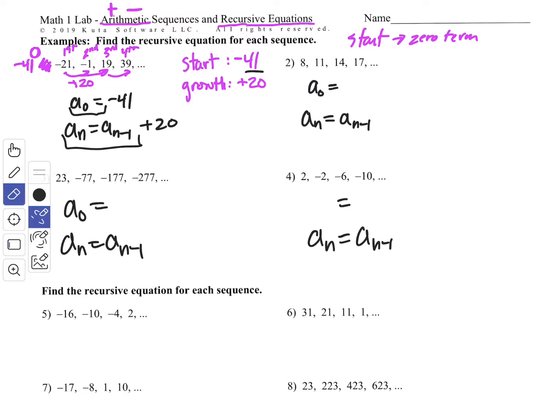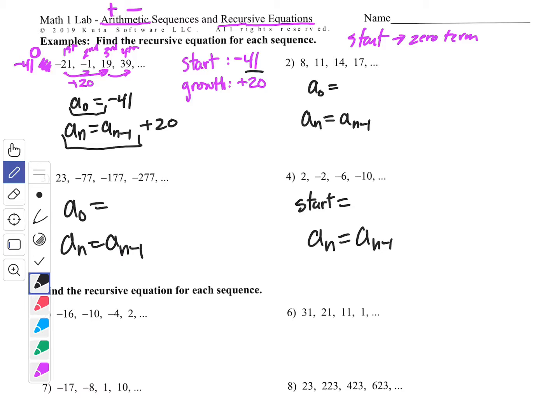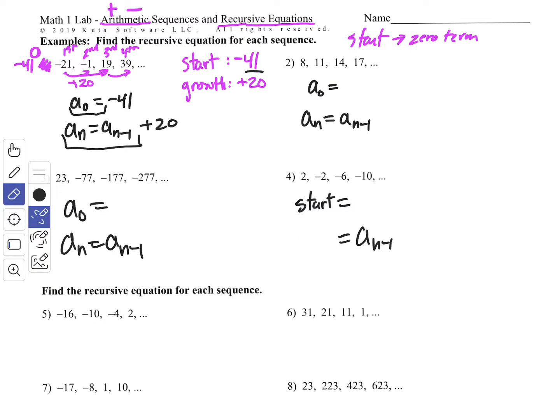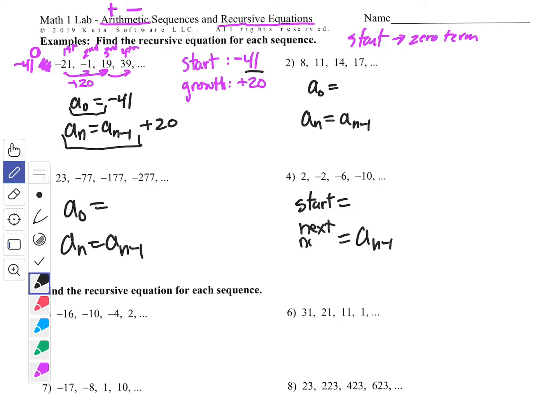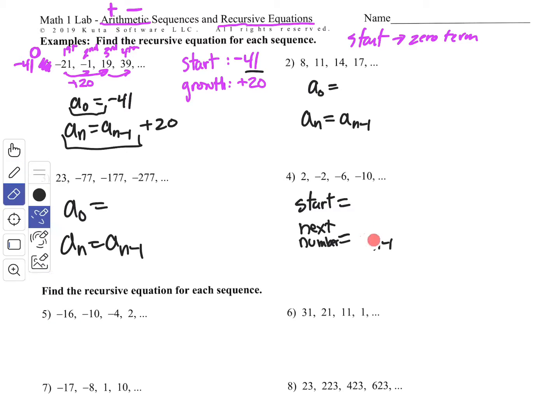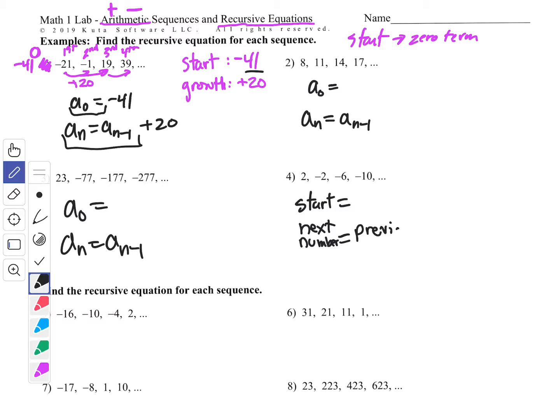Now, if you struggle with this notation, another way you could do it is just to write it out in words what it means, okay, where a sub 0 would be that start number, a sub n would be the next number, and then a sub n minus 1 would be the previous number, because this is really what you're saying, okay?